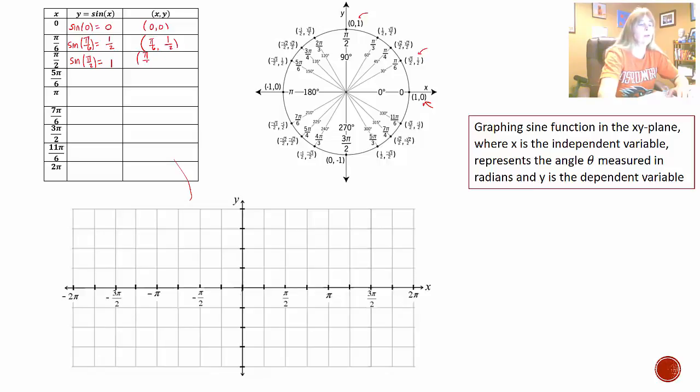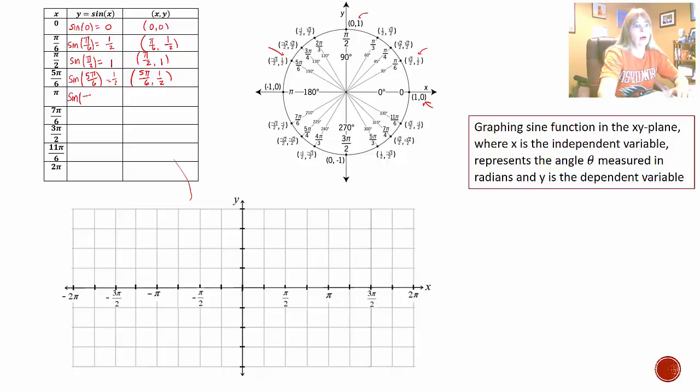So pi over 2, 1. Sine of 5 pi over 6, that would be 1/2. So at 5 pi over 6, my y value is 1/2.